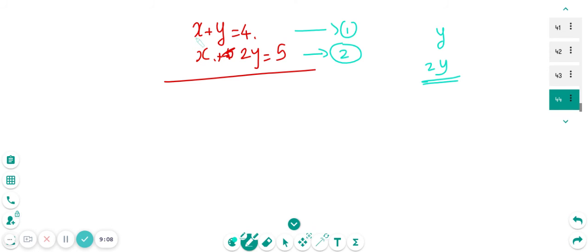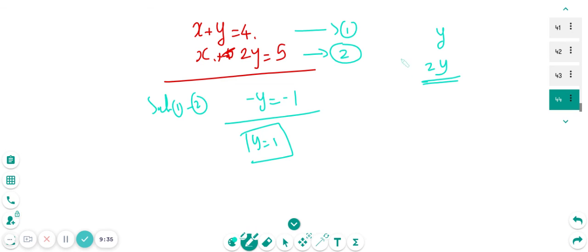But let's look at x. Both are x's, and they have the same values. So when we subtract them, we can eliminate x. When we subtract 1 minus 2, x gets cancelled, y minus 2y would be minus y, and 4 minus 5 would give you minus 1. So minus y equals minus 1, which means y equals 1.